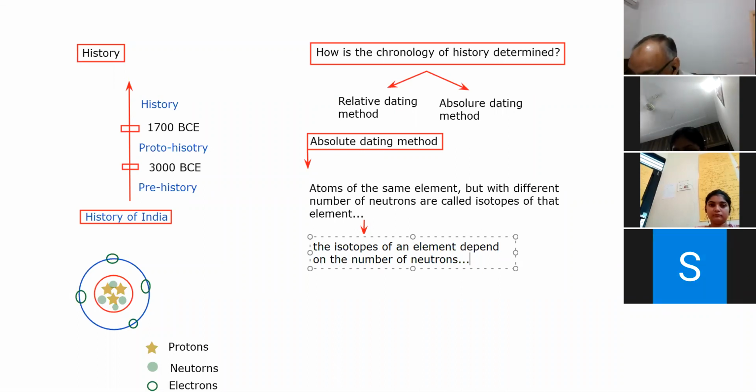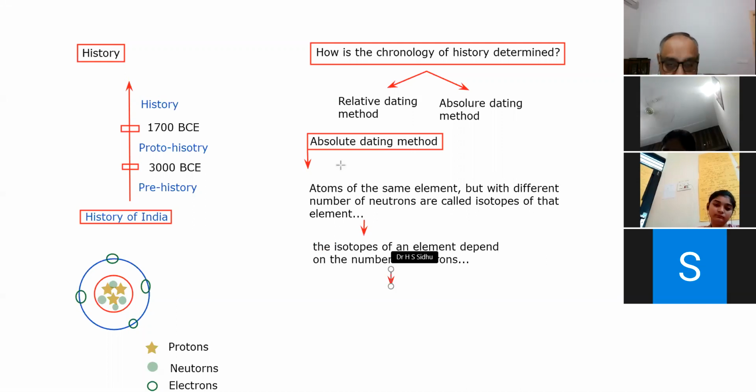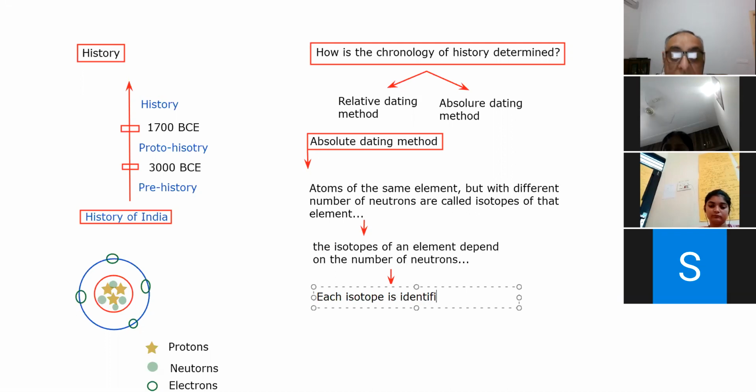So each isotope is identified by its atomic mass, right? प्रत्येक आइसोटॉप को हम एटॉमिक मास से identify करते हैं.